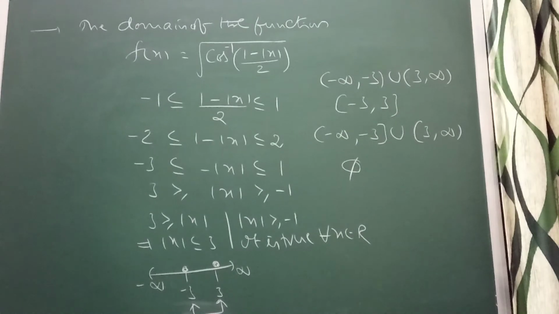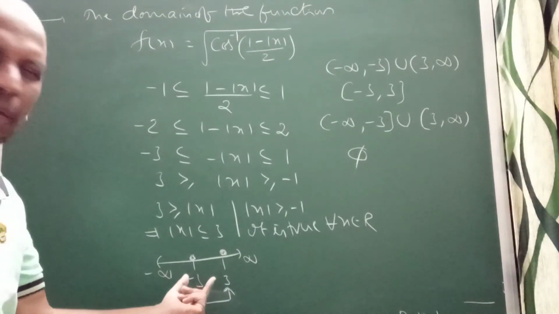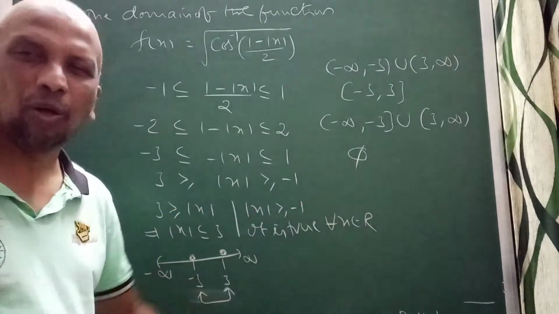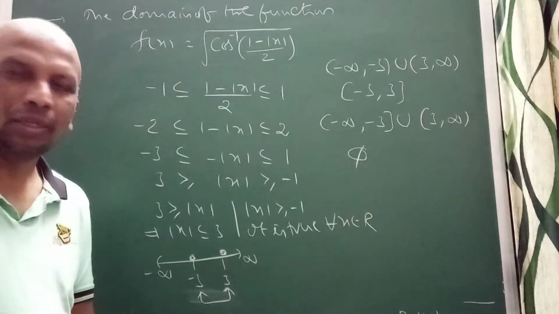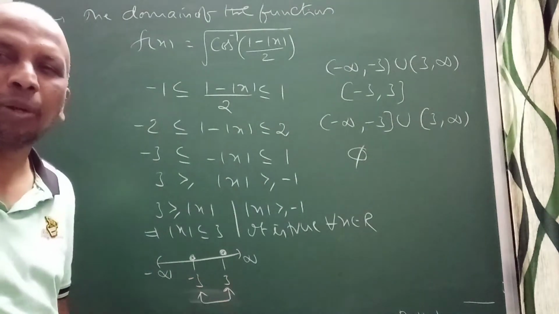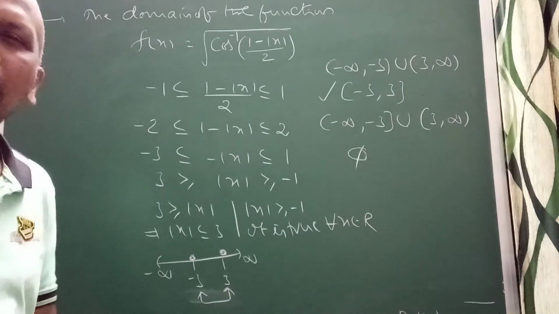Understood. They are saying here between minus 3 and 3, and also we can see it is true for all x belongs to R. If we combine both, this is the common part, right? So your domain is the closed interval minus 3 comma 3.